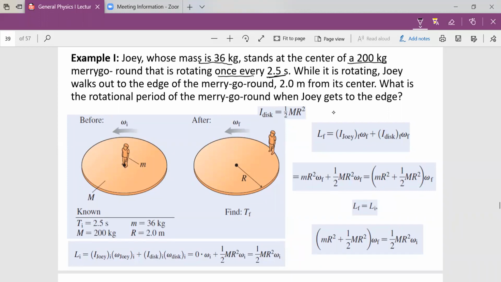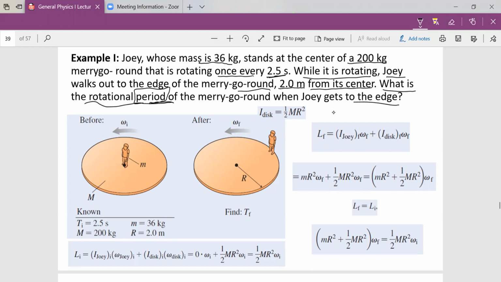So the period is defined, because that's the meaning: the period is the time taken to complete one rotation. While it is rotating, Joey decides to walk towards the edge, a distance of 2 meters from the center. The question is, what is the rotational period of the merry-go-round when Joey gets to the edge?